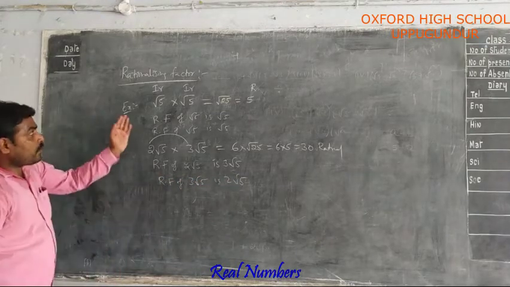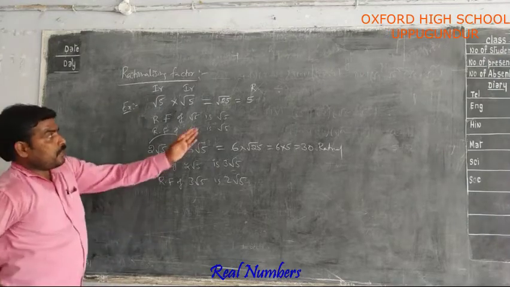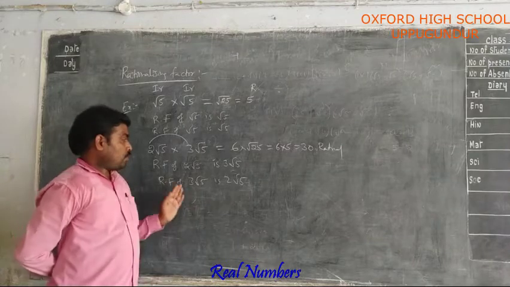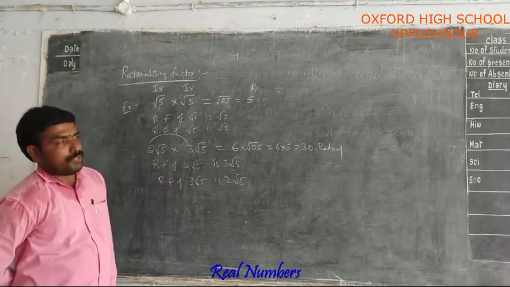That means if the product of any two irrational numbers is a rational number, we can say those are rationalizing factors of each other.